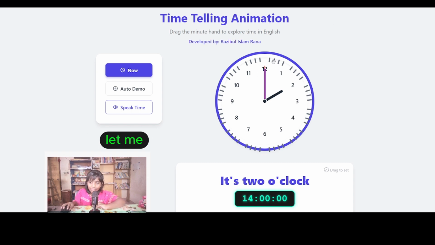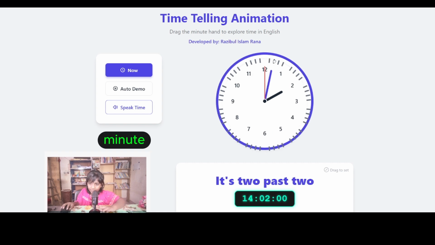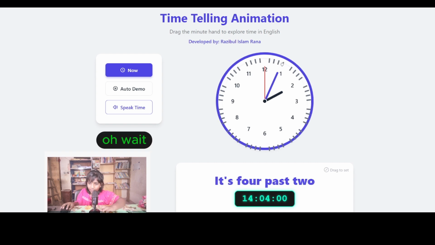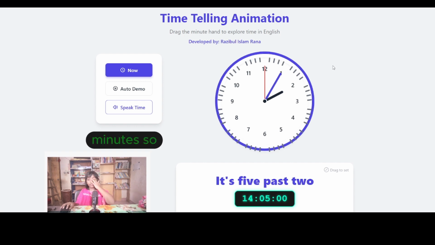So now let me show you about these little lines. So this is 1 minute, this is 2 minutes, this is 3 minutes. Wait, this is 4 minutes, and this is 5 minutes. So as you can see, this is minutes in the middle, and this is seconds in the last.